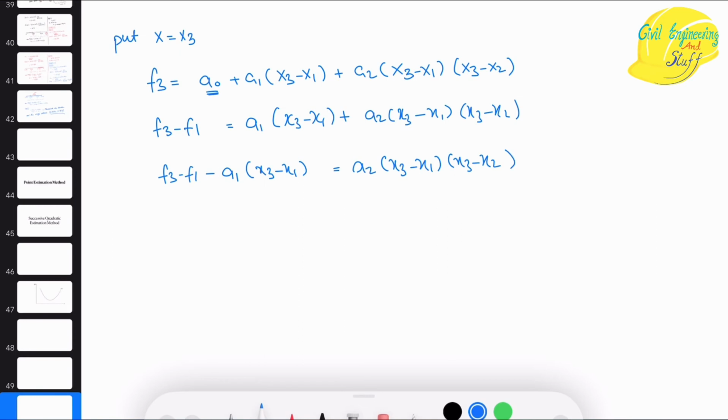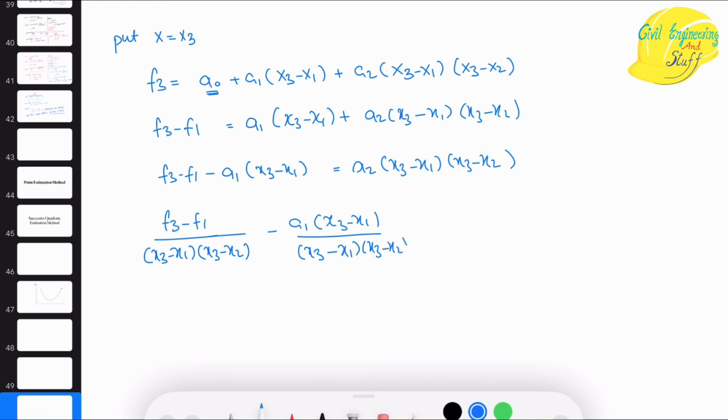Okay, so we will take this into the denominator: (f3 minus f1) divided by (x3 minus x1)(x3 minus x2), minus a1 (x3 minus x1) divided by (x3 minus x1)(x3 minus x2).